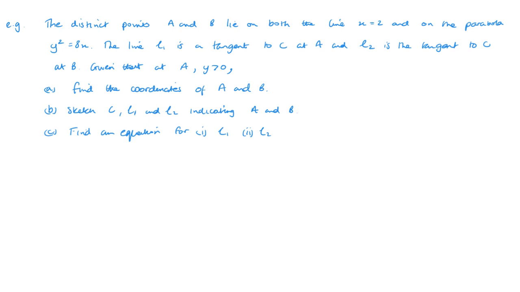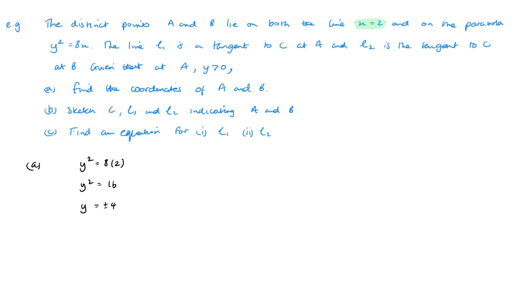So part A is find the coordinates of A and B. They both lie on the line x equals 2, so our x is going to be 2. Substituting that into y squared, we get y squared equals 16, y equals plus or minus 4.